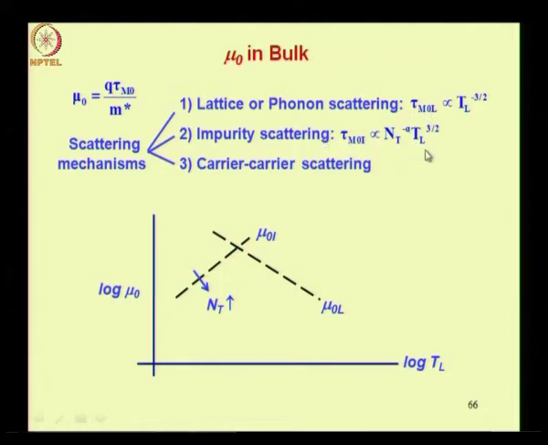That is why this kind of behavior. Now this is what is depicted here in the graph. So the mobility appears to increase as your lattice temperature increases, and on a log-log plot this is a straight line because the behavior is power law. As you increase the total ionized impurity concentration, this line would shift down, that is what is indicated by the arrow here.